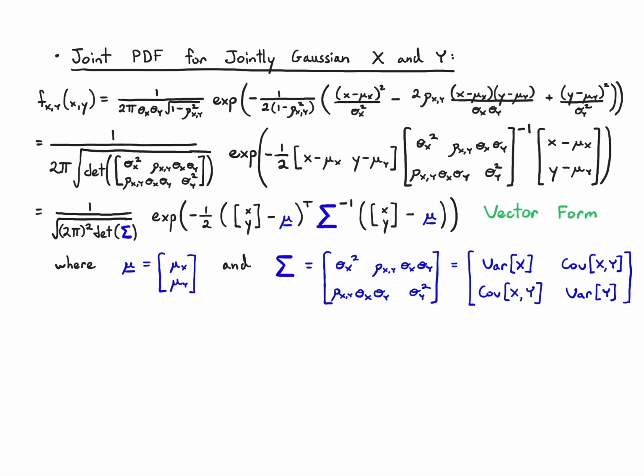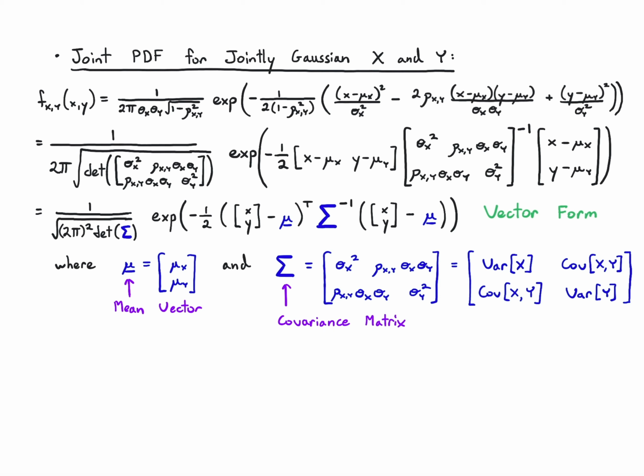So this actually turns out to be a little bit easier to remember in that the vector form of it is more compact, and all you have to do is think about these two objects, the mean vector and the covariance matrix. And those are replacing the mean and the variance from the scalar case. Okay, so that's the mean vector, that's the covariance matrix.